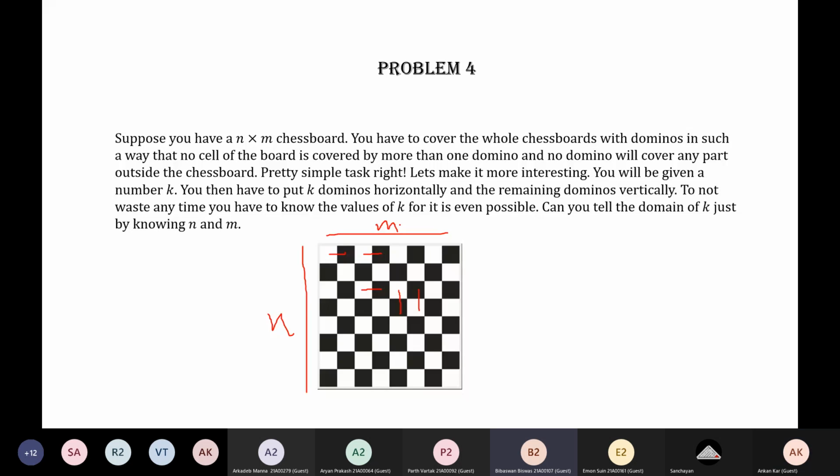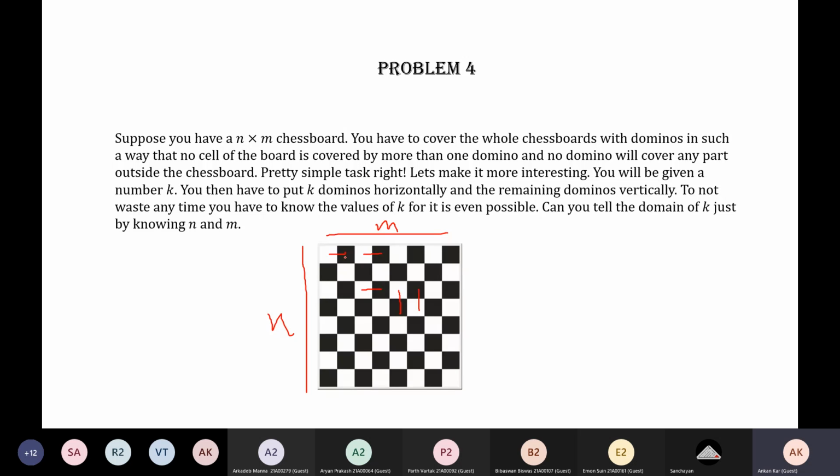So why if n is odd and not if n is even? Actually, along n it will be horizontal. I mean, you can't turn the board; it will be horizontal and vertical as it is here.